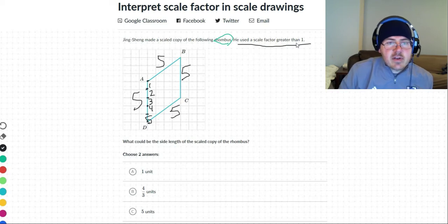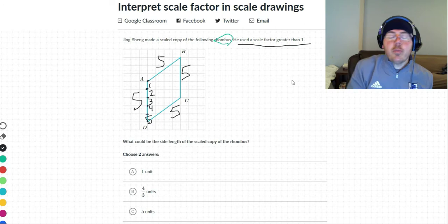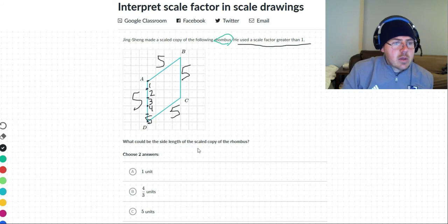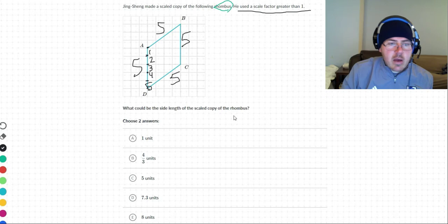He uses a scale factor greater than 1, which means if he's multiplied by something that's greater than 1, he should end up with side lengths that are larger than 5. What could be the side length of the scaled copy of the rhombus? Too small, the exact same, no, it said it has to be greater than 1, so it can't be 5.